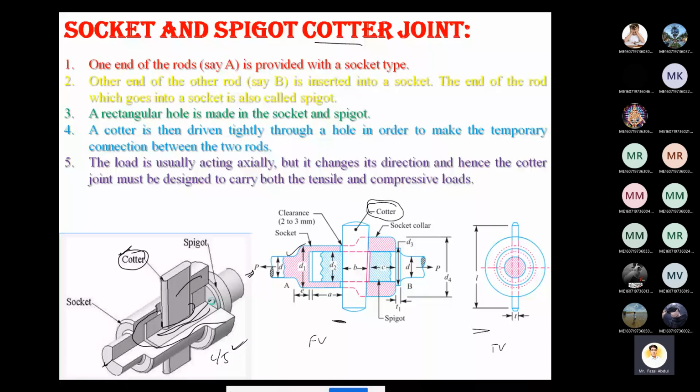So here in the socket and spigot cotter joint, I am now discussing the design procedure. The design procedure is nothing but a failure mode. Whatever design procedure I'm discussing is one kind of failure mode. These are the criteria, and all these criteria are nothing but designing.